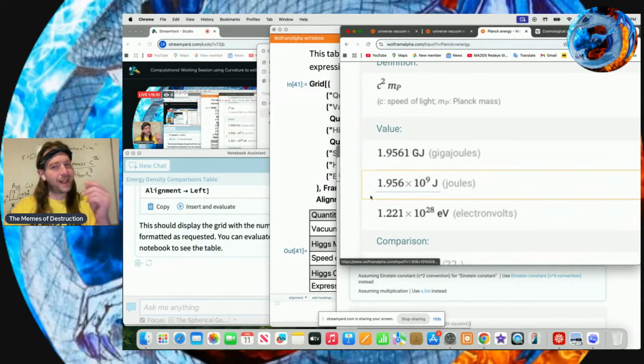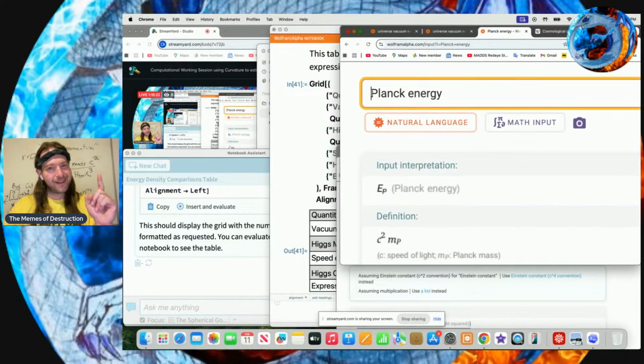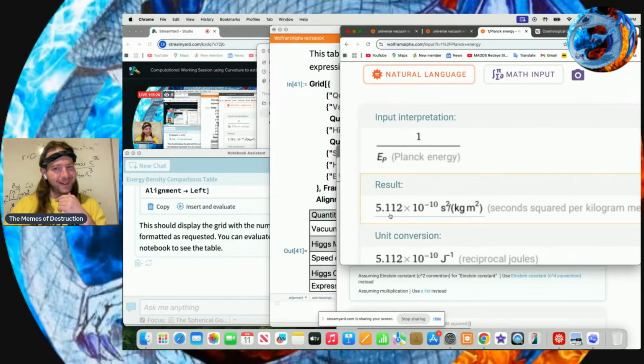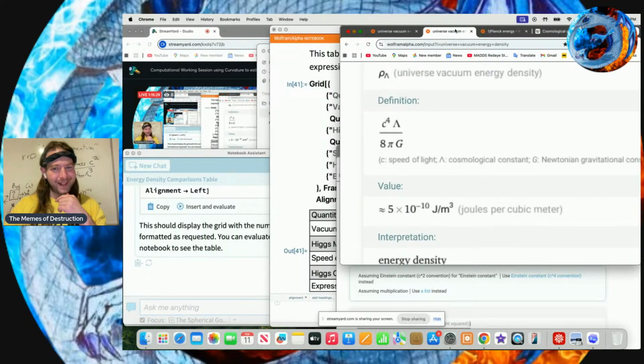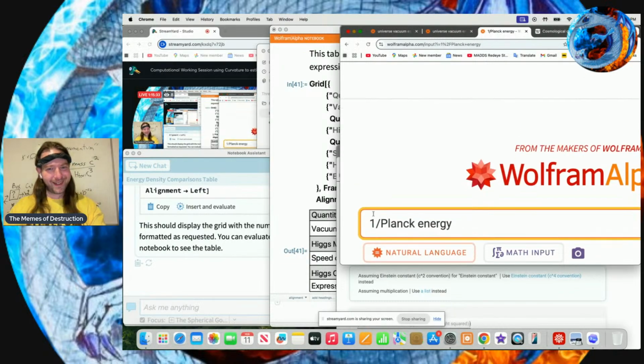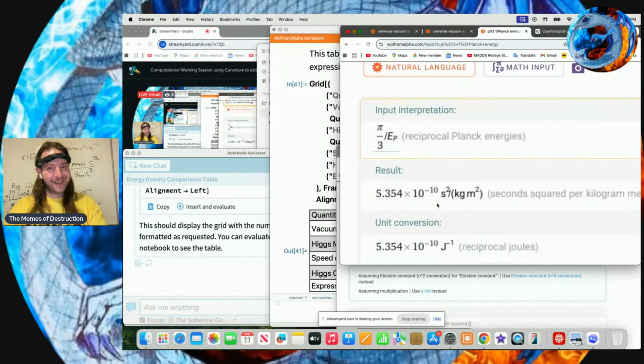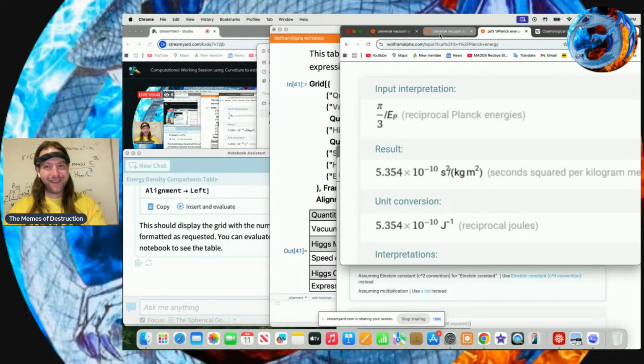Within the same units of energy, without a density, I got about 2 times 10 to the 9. Don't worry, it shouldn't necessarily make any sense yet, but I got a second 5 times 10 to the minus 10. Well, that's interesting. You throw in your little dimensionless thing, you get a little pi divided by 3 over there. Oh, look, 5.35.